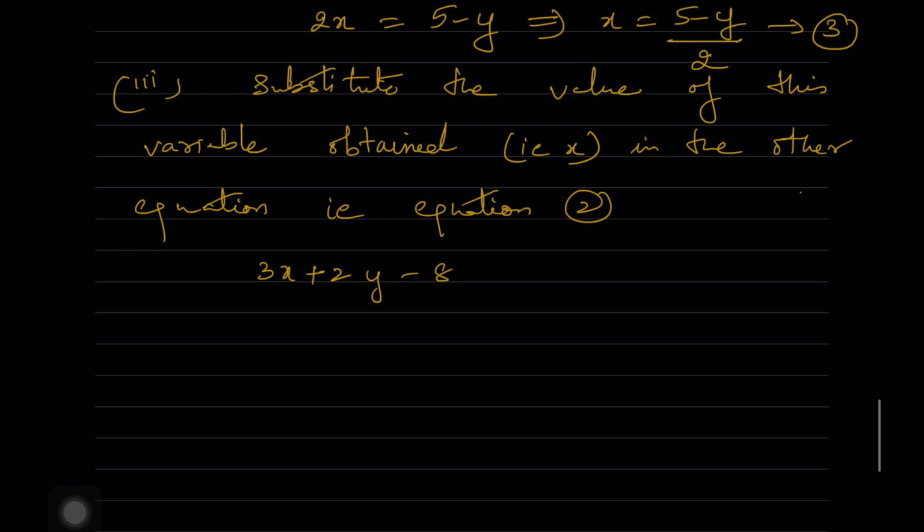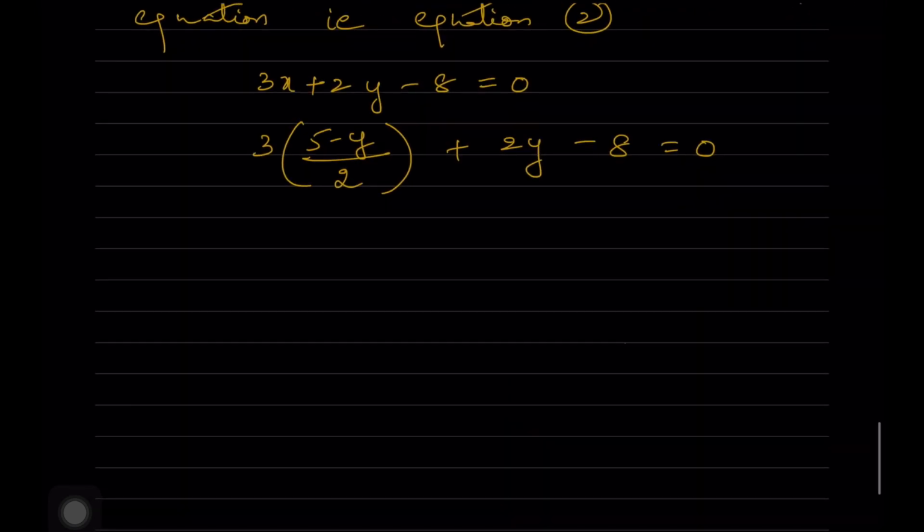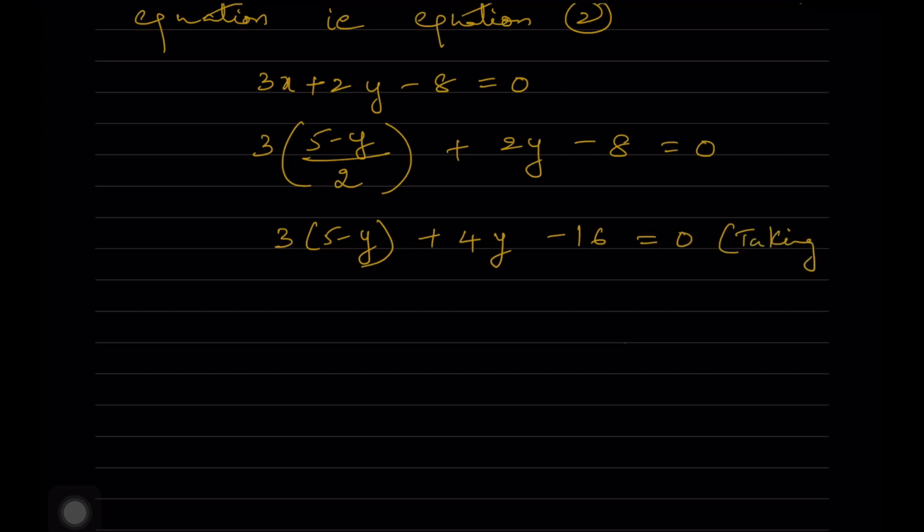Equation 2 is 3x plus 2y minus 8 is equal to 0, and in the place of x we substitute (5 minus y) by 2, plus 2y minus 8 is equal to 0. If you take the LCM here, you get 3 into (5 minus y) plus 4y minus 16 is equal to 0, because the 2 goes to the other side and it becomes 0.